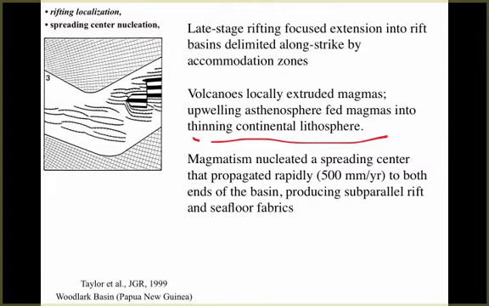And the magmatism nucleated a spreading center that propagated quickly at 500 millimeters a year, or 50 centimeters a year, to both ends of the basin, and that produced subparallel rift and seafloor fabrics. So this fabric that we're seeing is subparallel to that.